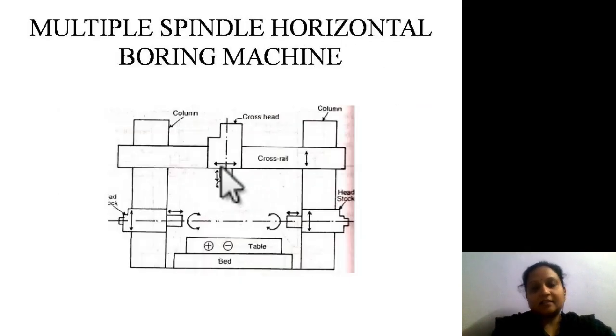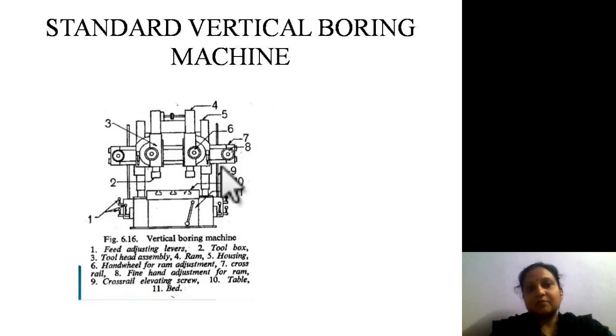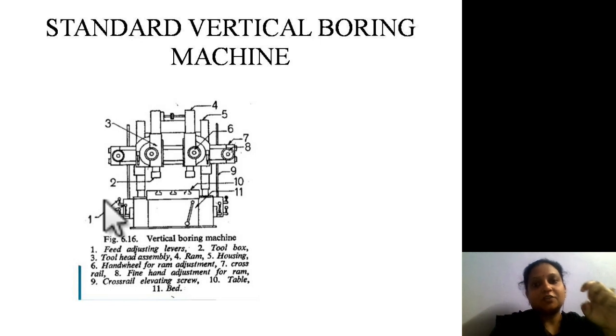Next, see, till now we have finished about horizontal boring machine. Now let us discuss about the vertical boring machine. So this is the vertical boring machine. So here the first component is a feed adjusting lever, so that you can control the feed. Feed is the depth to which the tool is penetrating into the workpiece.